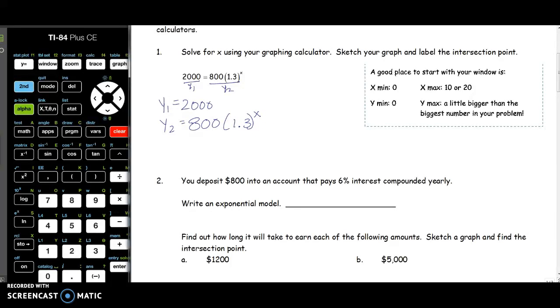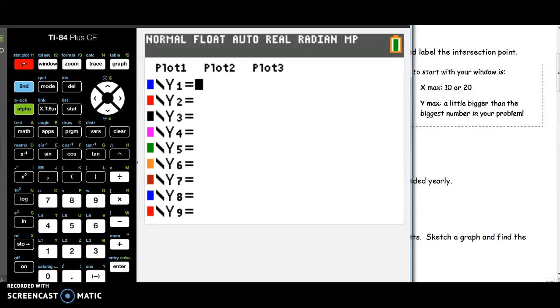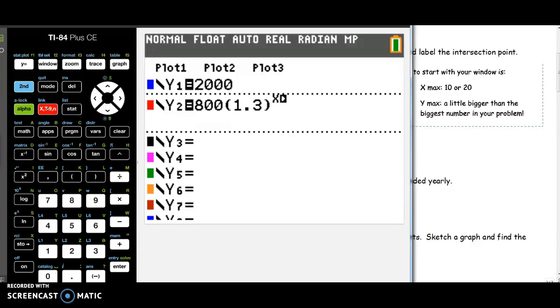Okay, we're going to put this into our y equals on our calculator. So go ahead and hit y equals, and we would type 2,000, and then we would type 800 times 1.3 raised to the x power.